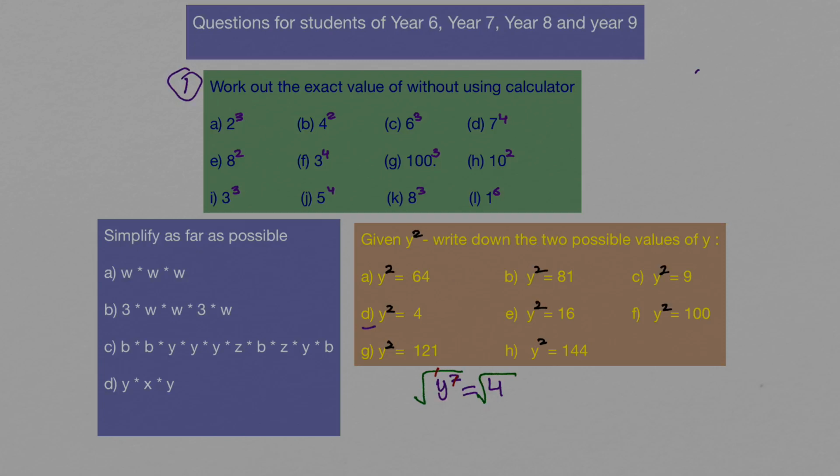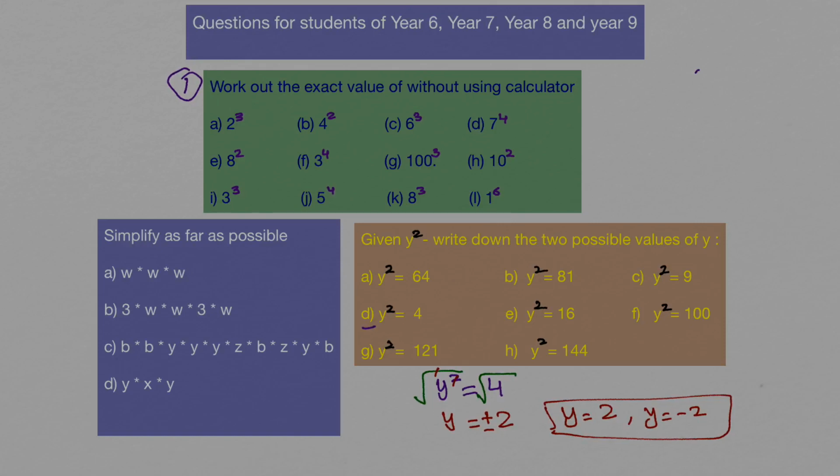Then you have y equals 2, because we know the square root of 4 is basically plus minus 2. The 2 values of y would be y equals plus 2 and y equals minus 2. So these are the 2 possible values of y, 2 and minus 2.